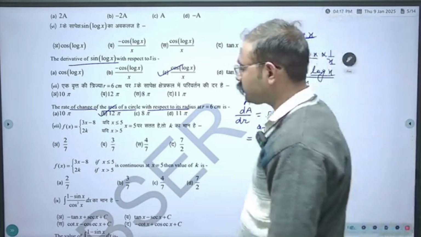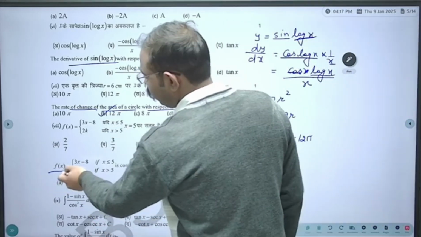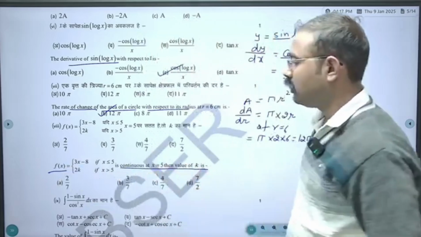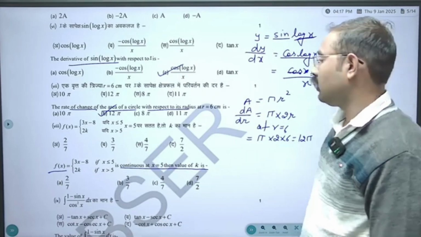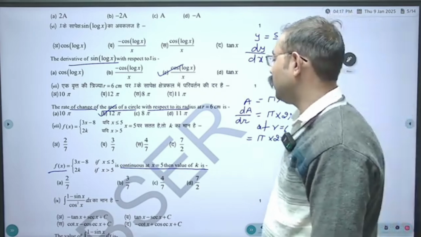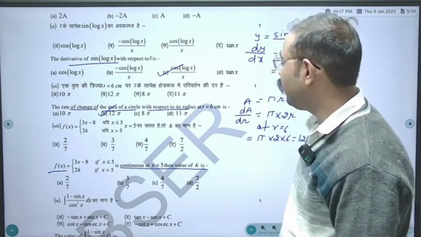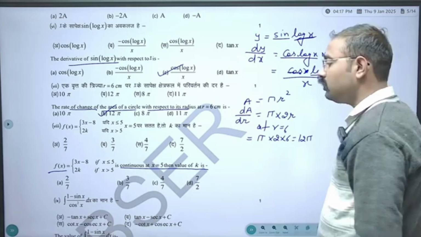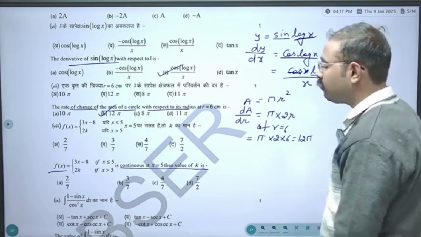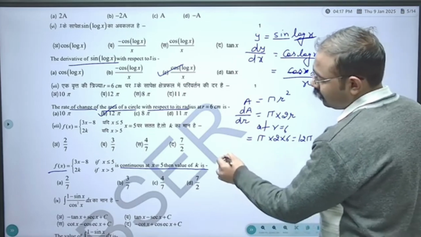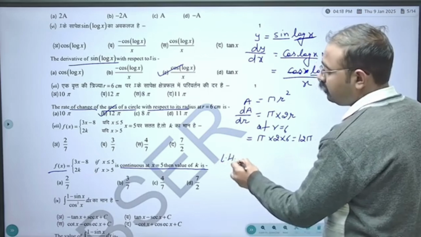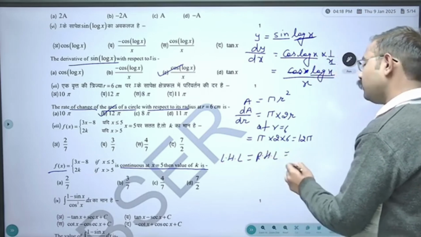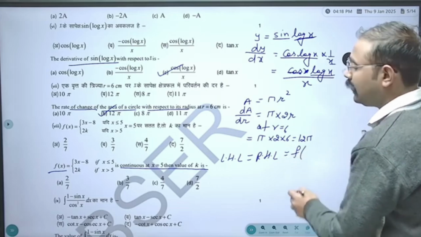Next, a function is given to us, and this function is continuous at x is equals to 5. This function is a continuous function at x is equals to 5, then value of k we have to find. Means if a function is continuous at any particular point, in that condition we will have left hand limit is equals to right hand limit is equals to value of function at that point.